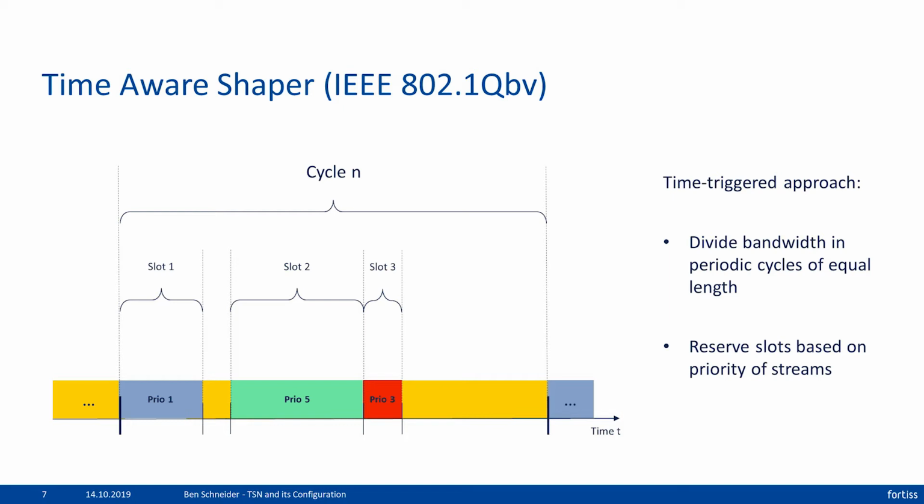And then you basically reserve slots inside this cycle based on the priority of specific streams, to make sure that, for example, if you look at the slot for priority number 1, only traffic with priority number 1 can be transmitted on that port in that specific time frame.